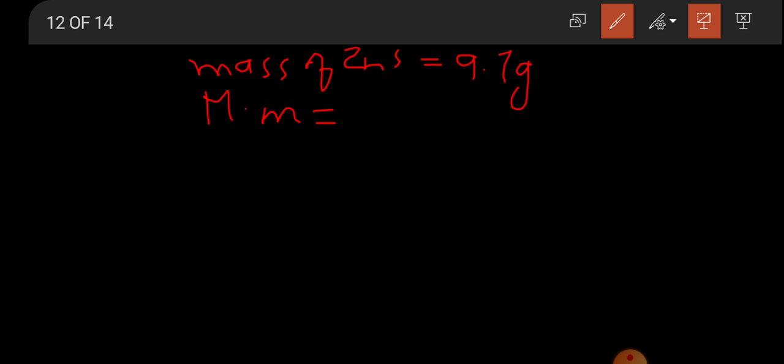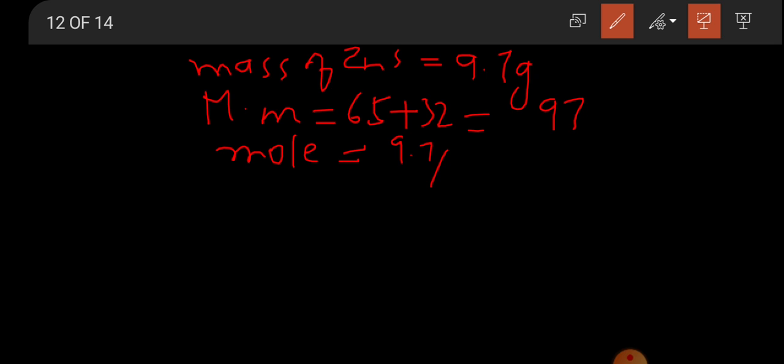Students, let's solve this question. So mass of zinc sulfide that is given to you is 9.7 grams. Molar mass of zinc sulfide: mass of zinc is 65 and mass of sulfur is 32, that is 97 gram per mole. So how many moles of zinc sulfide are there?